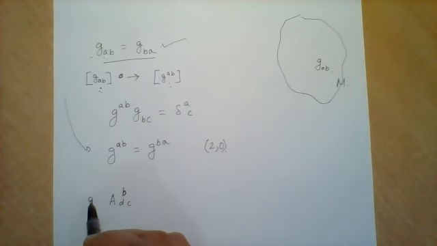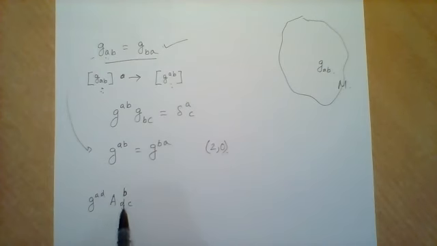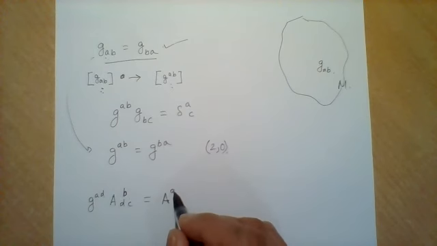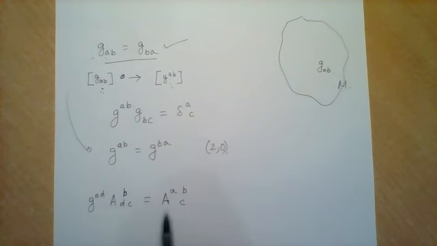If I multiply by the contravariant metric tensor, D is repeated, so it is summed over. I will get a new tensor, and the index has been raised by the contravariant metric tensor.